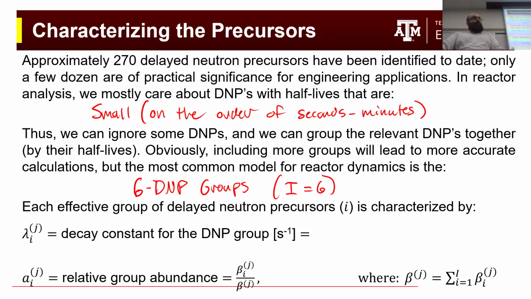For each group of delayed neutron precursors, we can characterize a decay constant for that group and an abundance for that group.